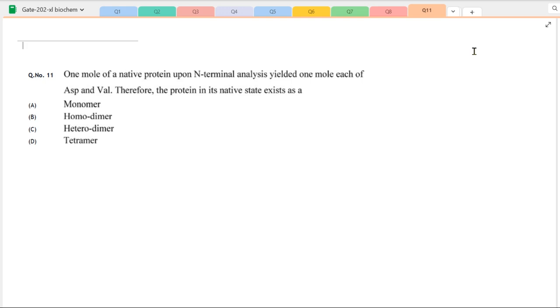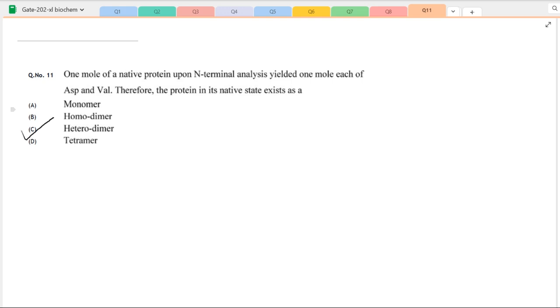1 mole of a native protein upon N-terminal analysis yielded 1 mole each of aspartate and valine. Therefore, the protein in its native state exists as? Since it's an N-terminal analysis and you get two types of amino acid residues, it's a heterodimer.